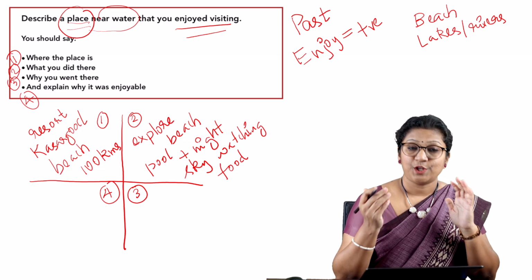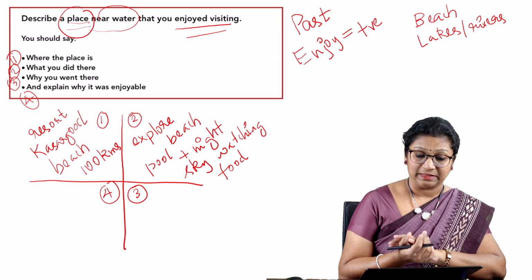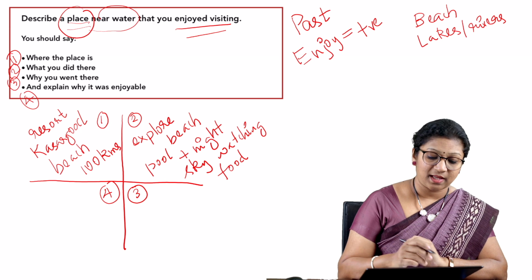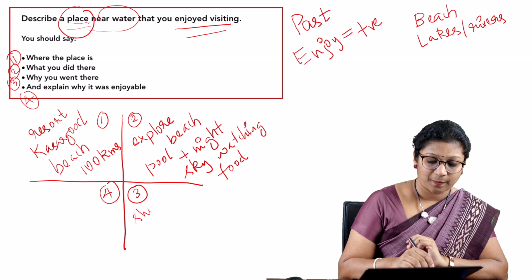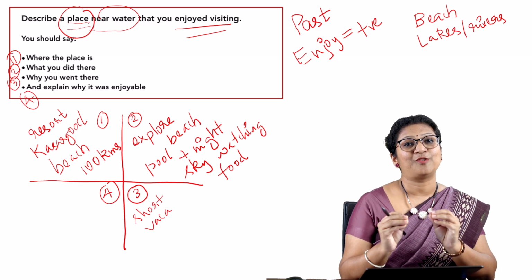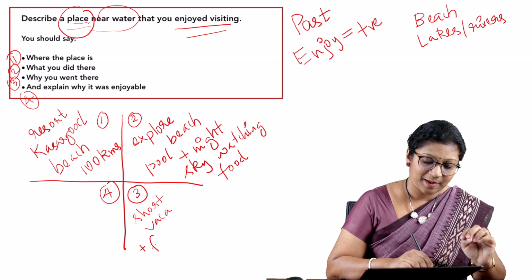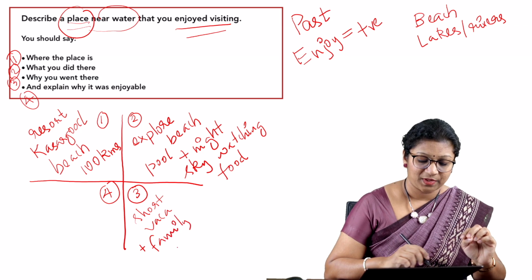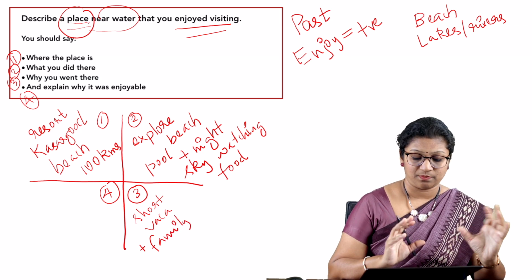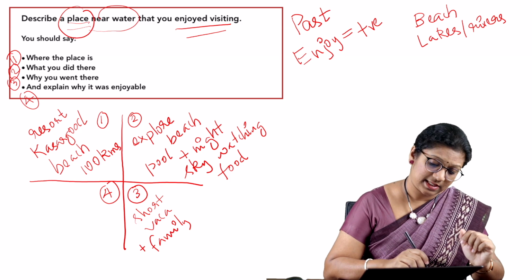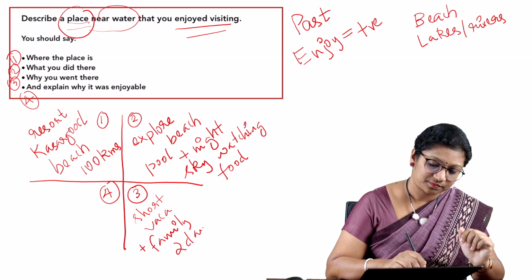So similarly, for quadrant third, you will write why you went there. So you say short vacay. Don't write in full. Whatever short forms will help you identify the word, that should be enough. Then I write family. So I went with my family. Maybe I mentioned the duration, how many days. So let's say 2 days.